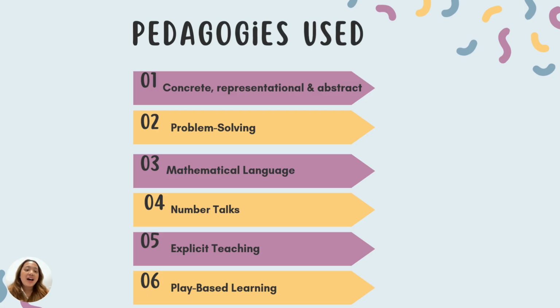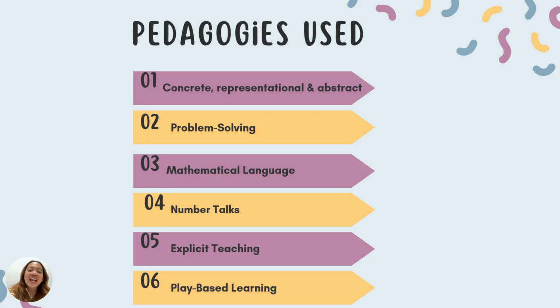Concrete: in this stage, students will do a hands-on activity with a concrete object, and after that they're going to transfer it to representational, which is the stage where students will draw, based on the understanding from the concrete activity.